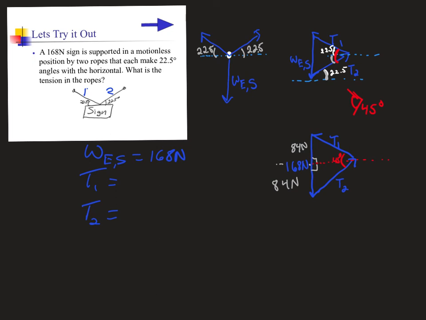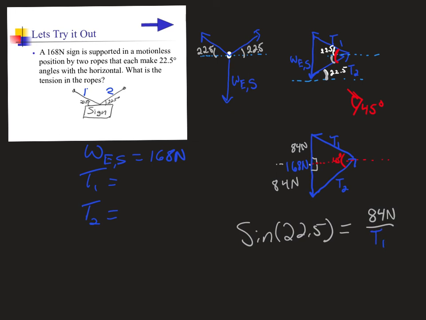Now I could solve using the sine. The sine of 22.5 is equal to our opposite, 84, over our hypotenuse of T1.